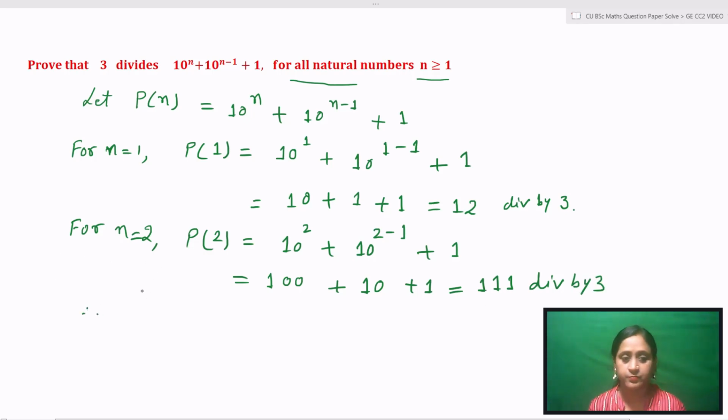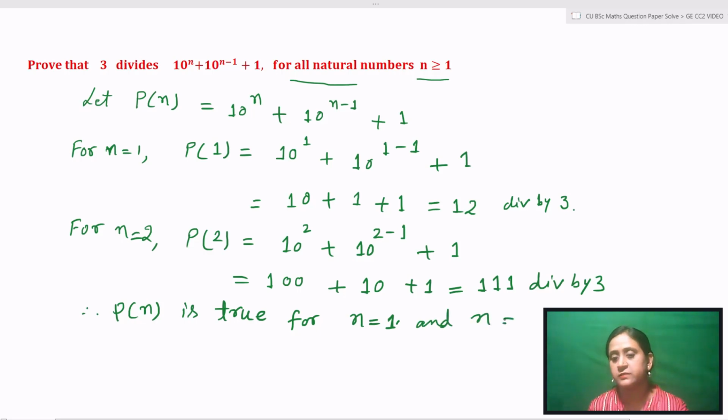So Pn is true for n is equals to 1 and n is equals to 2. Okay.